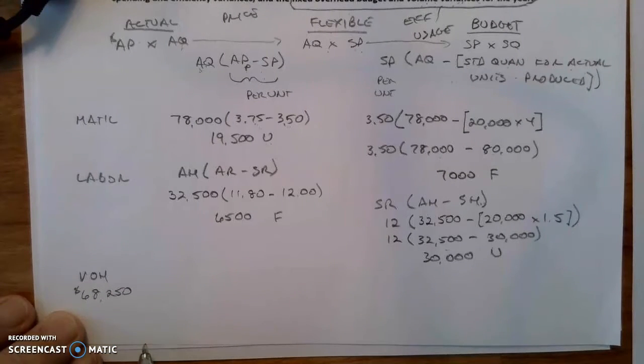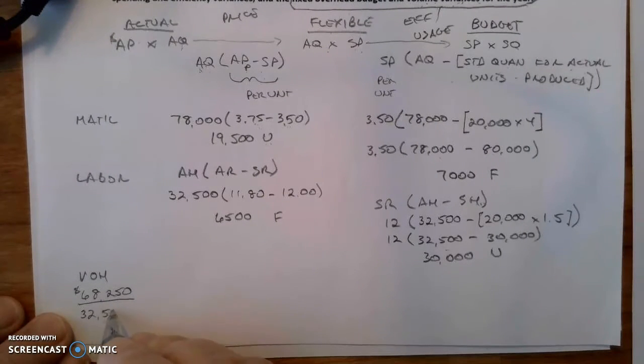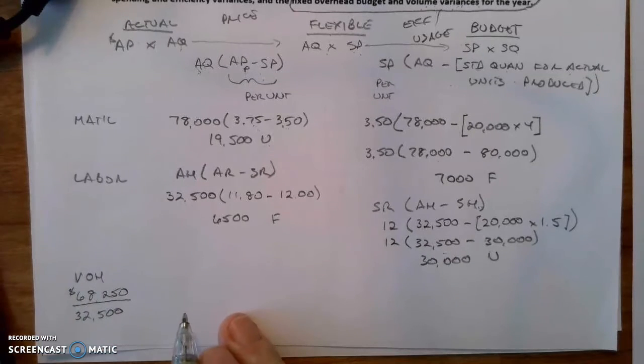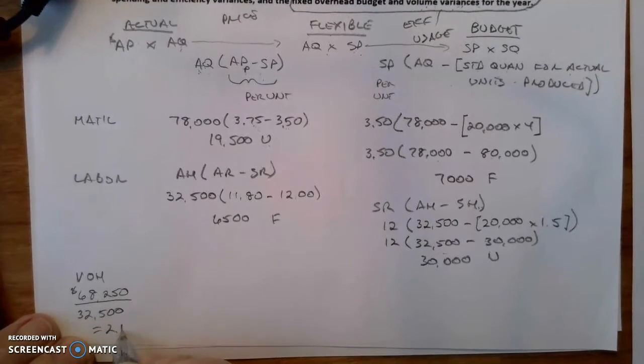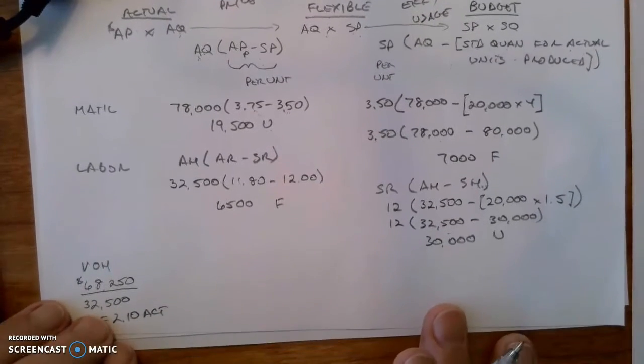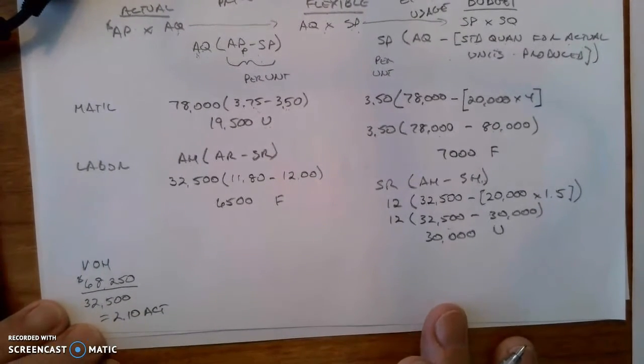And what do we have? Our total direct labor hours are 32,500 direct labor hours. So that would give us $2.10 actual. Okay, that was our actual variable overhead rate.